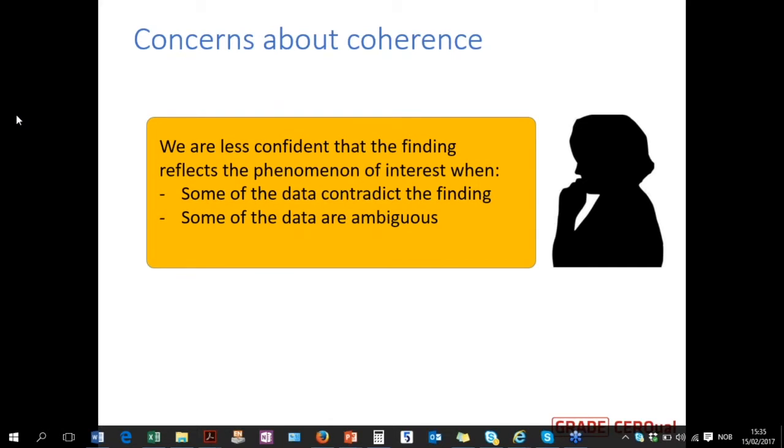And there you have the choice between creating a summary which potentially flattens out that nuance but offers a finding which is perhaps more useful for the decision maker, but potentially at the expense of coherence, or creating a finding which is quite intricate and complicated and reflects all of these nuances but potentially might be less helpful or useful for the end user. And that's the trade-off. So that's the relationship we're talking about when we're talking about consistency of findings and the assessment of coherence, if that helps.